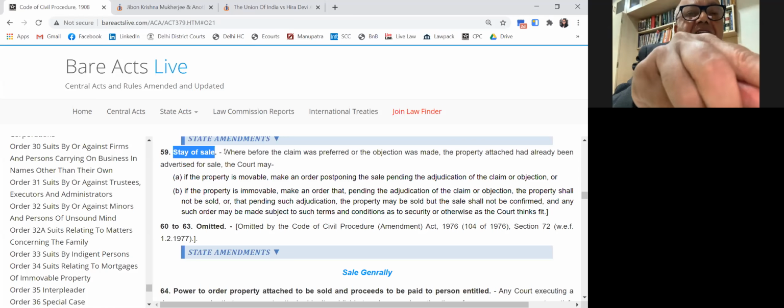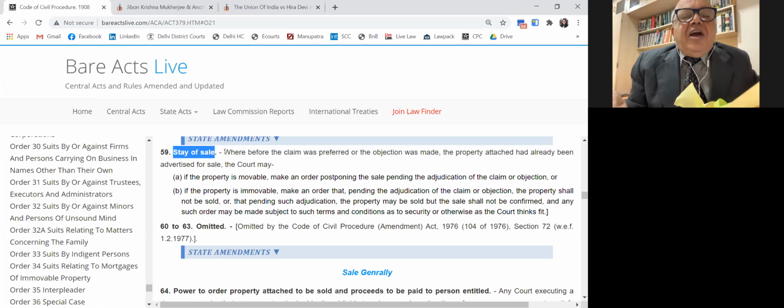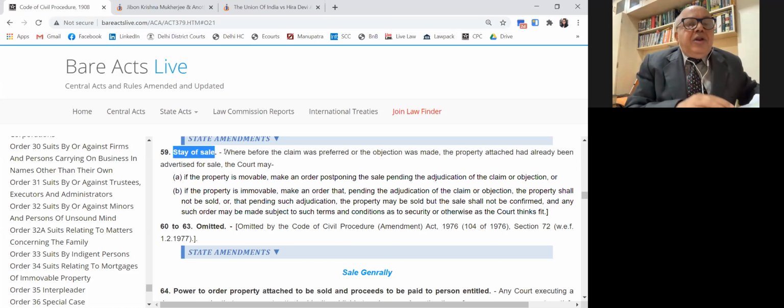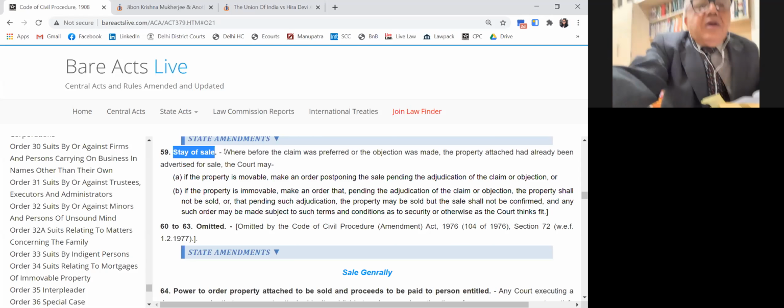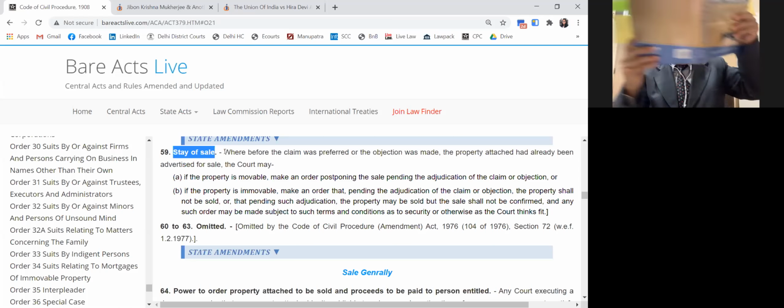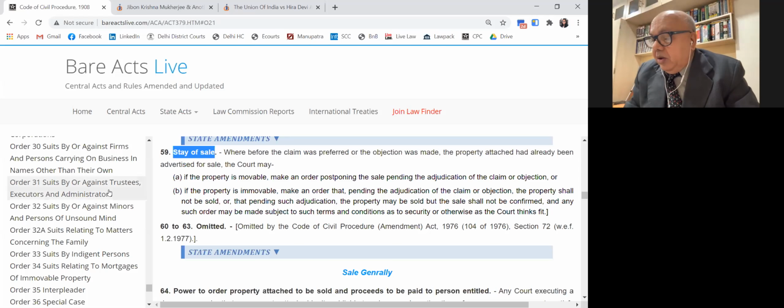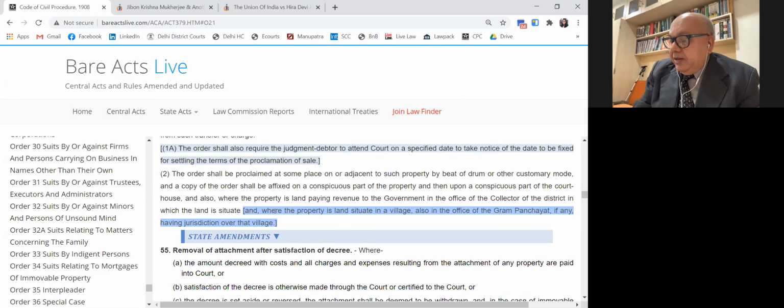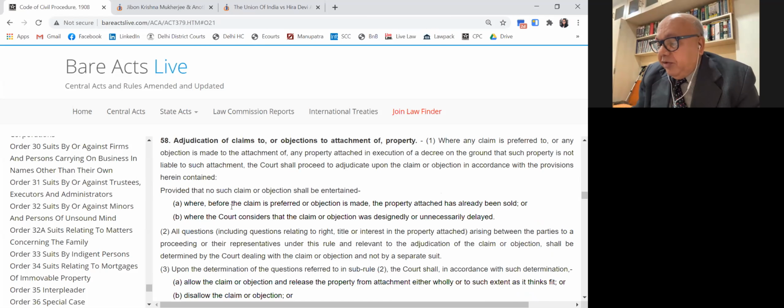Now when the sale can be effected, I would like to tell you, आपका application तैयार हो गया, the bailiff has gone and effected attachment of the property. Attachment takes place under Order 21 Rule 54. Mansi, please open 21-58. Order 21 Rule 54 ले लीजिए आप पहला.